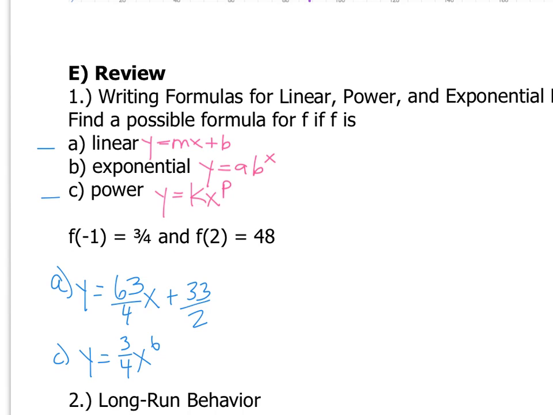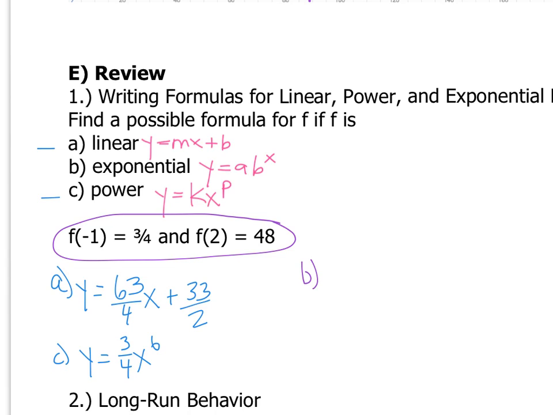Then what we are going to actually review together, because it's been since first semester that we did this, is the exponential function. You are given essentially two ordered pairs here: -1, 3/4 as one, and 2, 48 as the other.